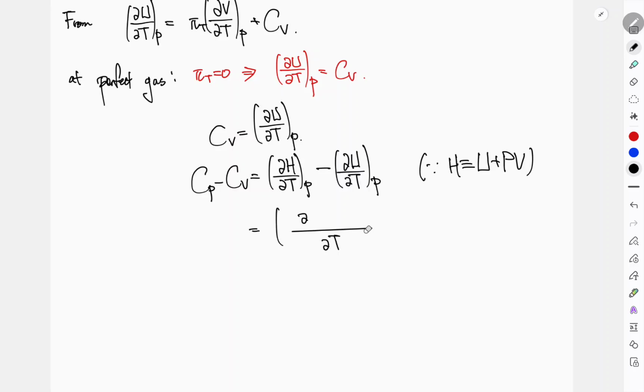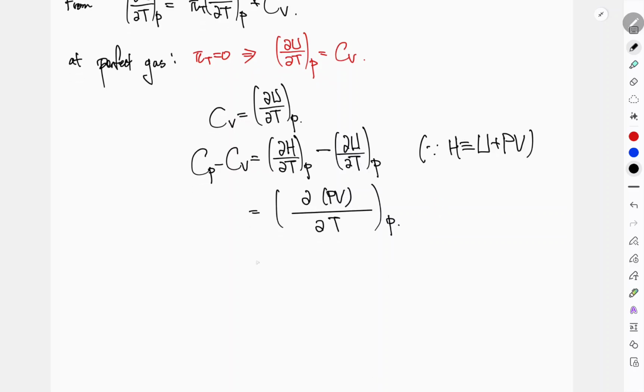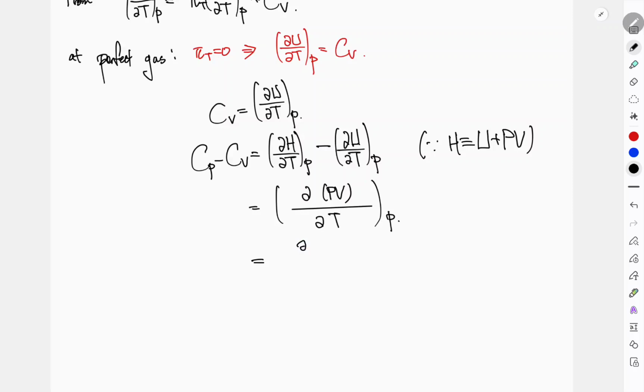Finally, we will get this del PV over del T at constant pressure, and then as you remember, PV is nRT for a perfect gas. Then finally, this will become just nR. I think we derived this nR in a previous course.